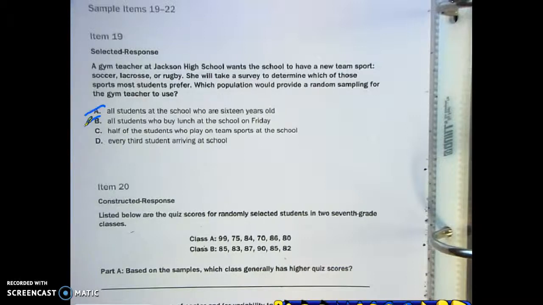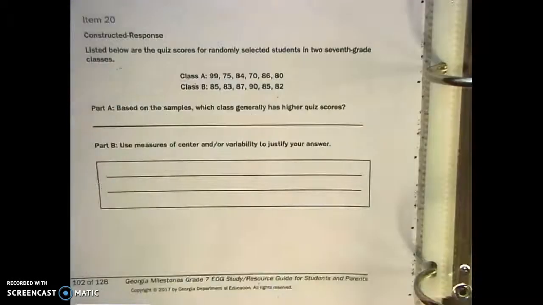You're not asking the kids that are involved in clubs instead of sports, whatever. That's not random. That would be bias. D, every third student arriving at school. Yes, that is random. So out of these options, D would be the best survey or the best way to find out what kids prefer.